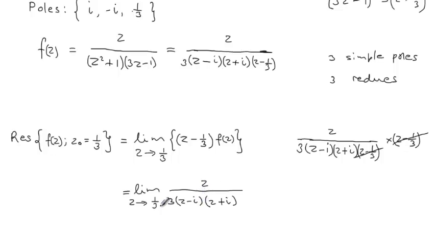function is actually defined at z equals 1/3. And you recall that if you take, let's say, a polynomial p(z), which is a nice function defined everywhere, and you want to calculate the limit of p(z) as z approaches a, this limit will simply equal the value of the polynomial at a.